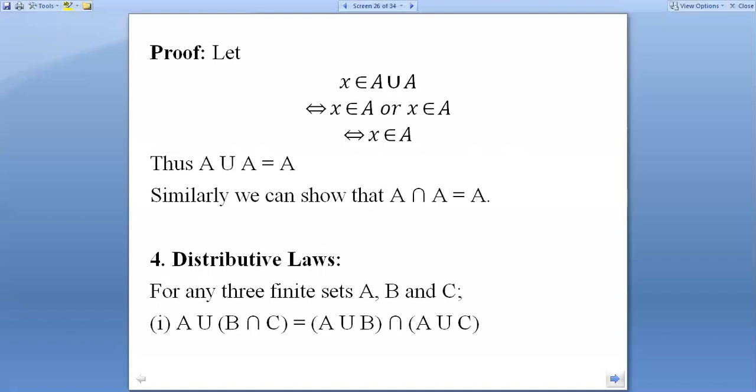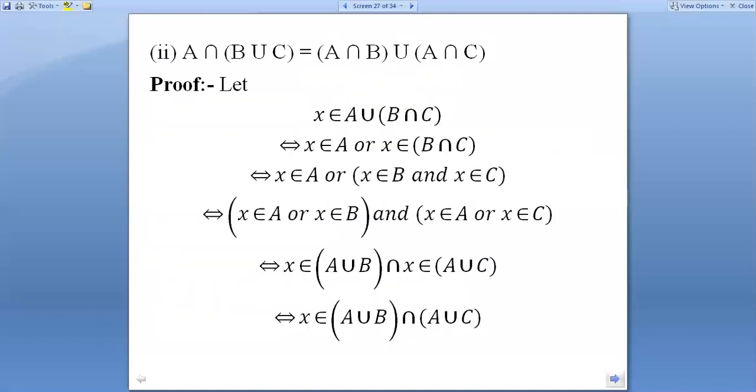The next law is the distributive law. For any three finite sets A, B and C, A union (B intersection C) is equal to (A union B) intersection (A union C), or A intersection (B union C) is equal to (A intersection B) union (A intersection C). Again, by the concept of equal sets, here we have taken an element x belonging to A union (B intersection C).